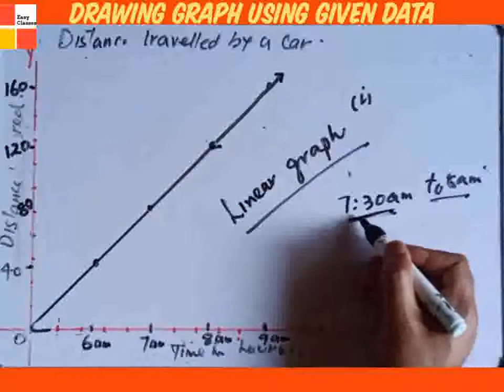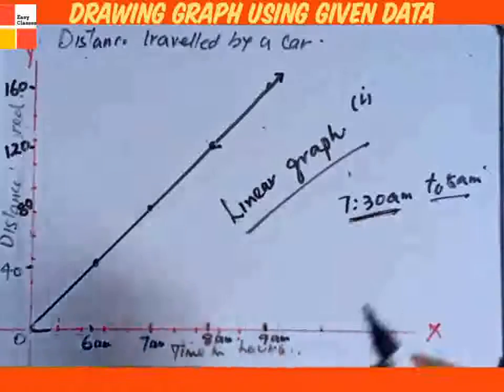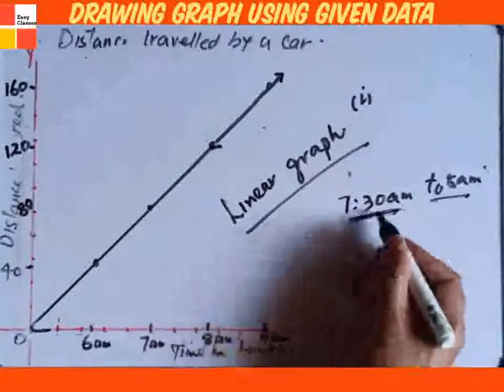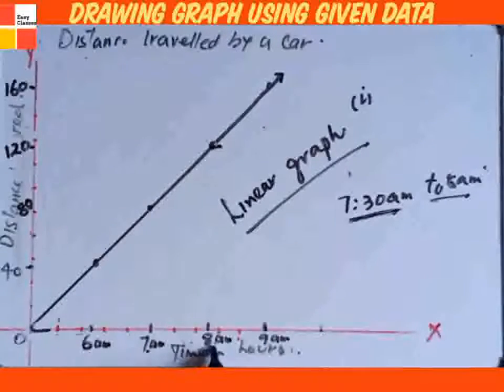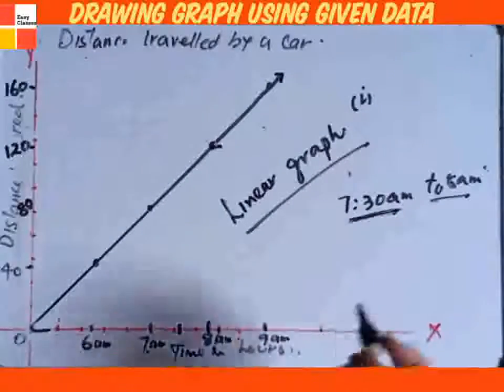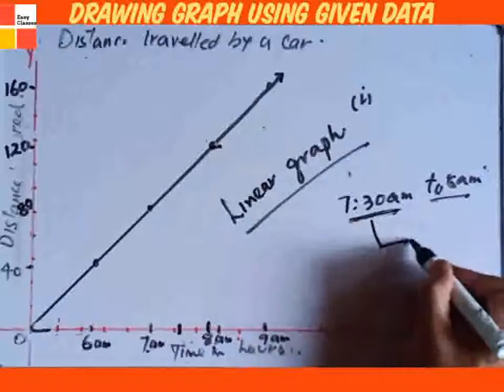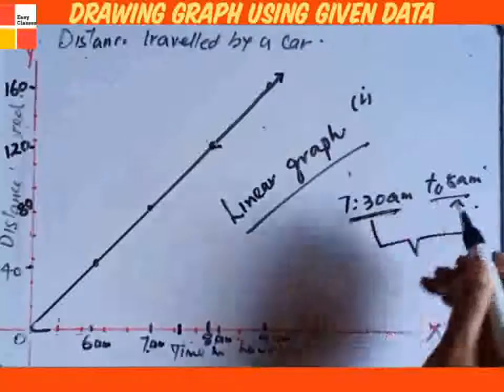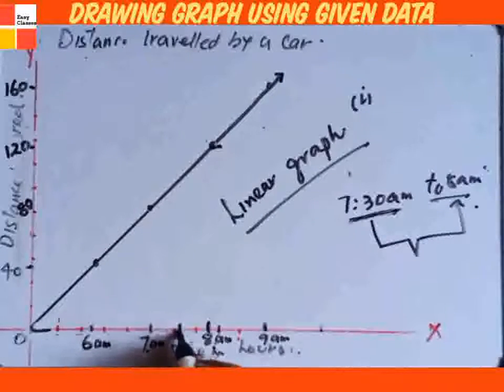This is 7 a.m. and this is 8 a.m., so somewhere between them will be 7:30 a.m. We have to find the distance covered by the car between this time period.